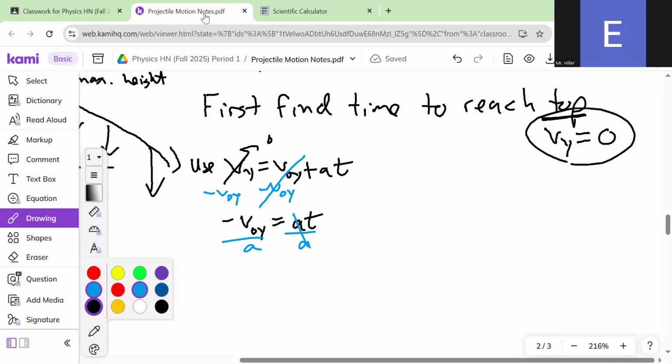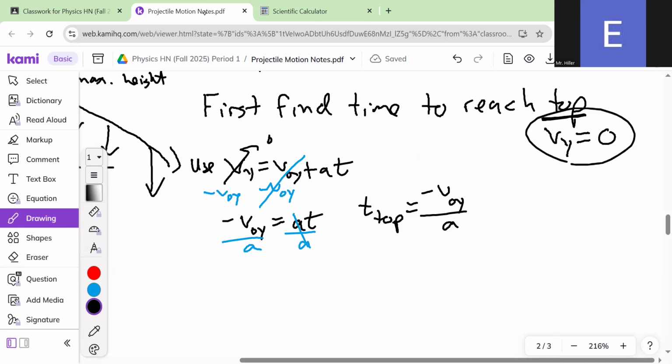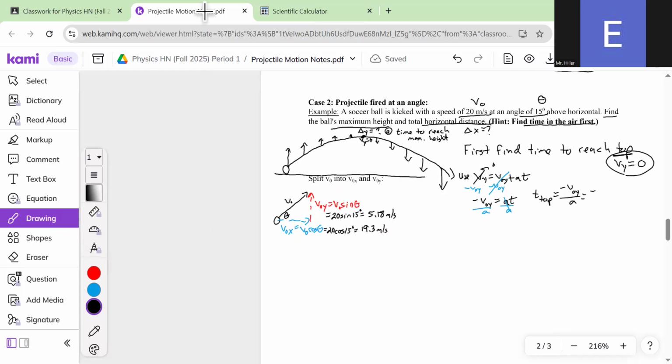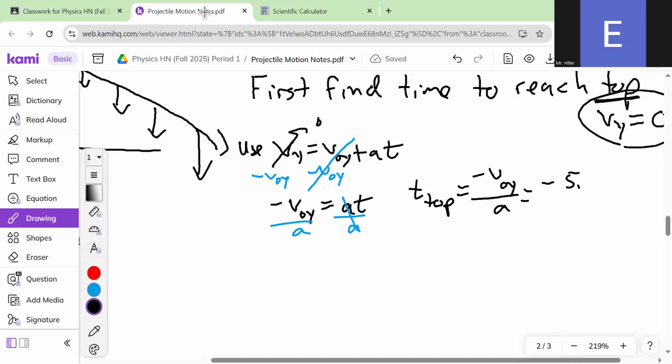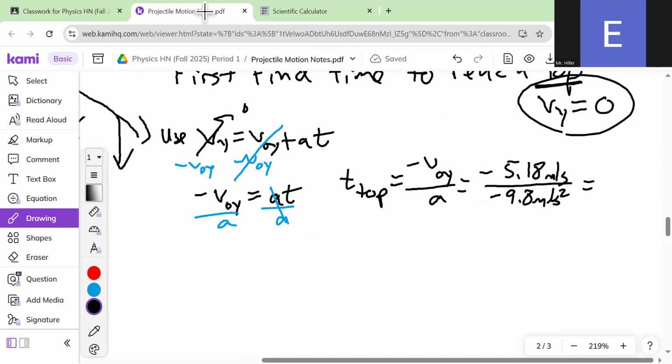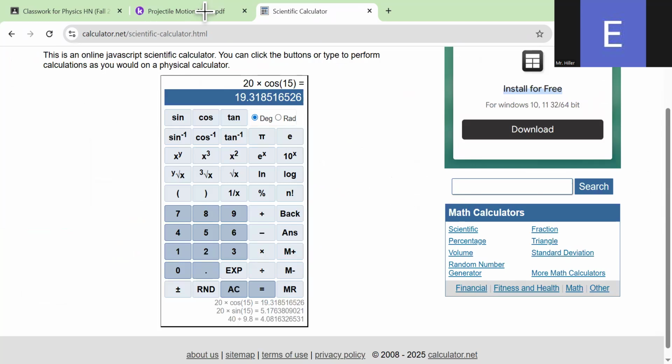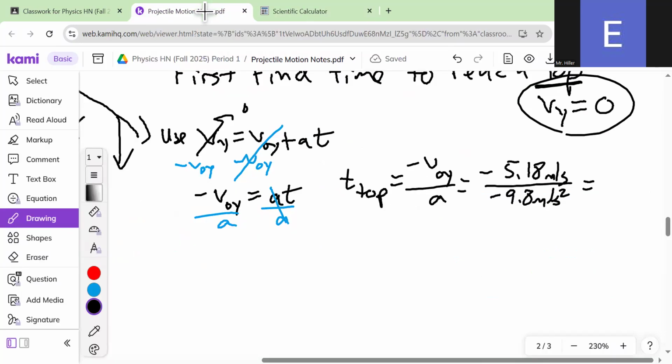Divide by A. The time it takes to get to the top is negative V naught y over A, which is negative 5.18 meters per second over negative 9.8 meters per second squared. 5.18 divided by 9.8, and I'm getting 0.53 seconds. The negatives cancel. So that's helpful.